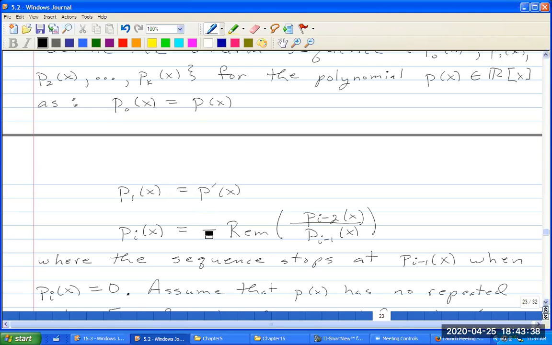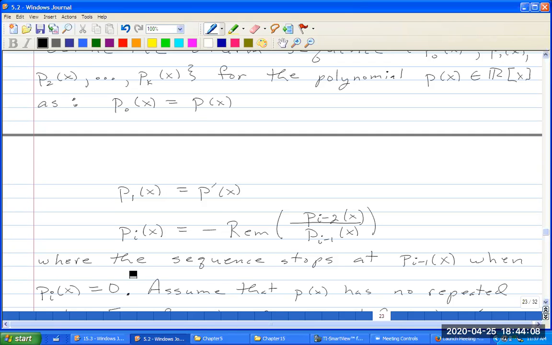And then, p sub i of x is equal to minus the remainder of p sub i minus 2 of x divided by p sub i minus 1 of x. The sequence stops at p sub i minus 1 of x whenever we find that p sub i of x is 0.